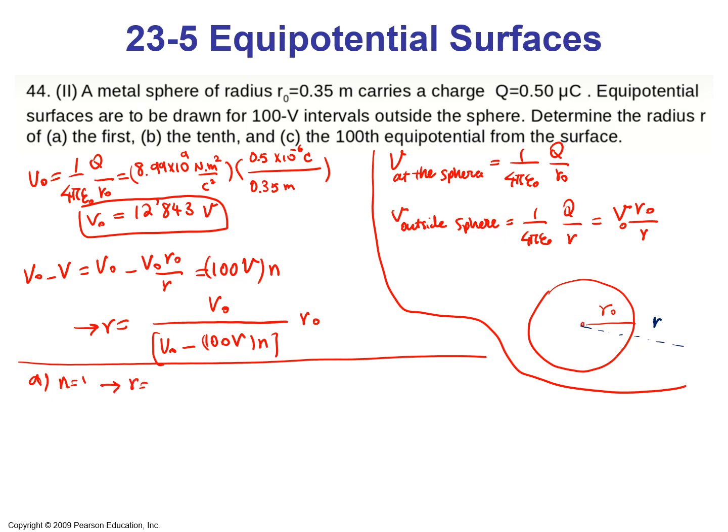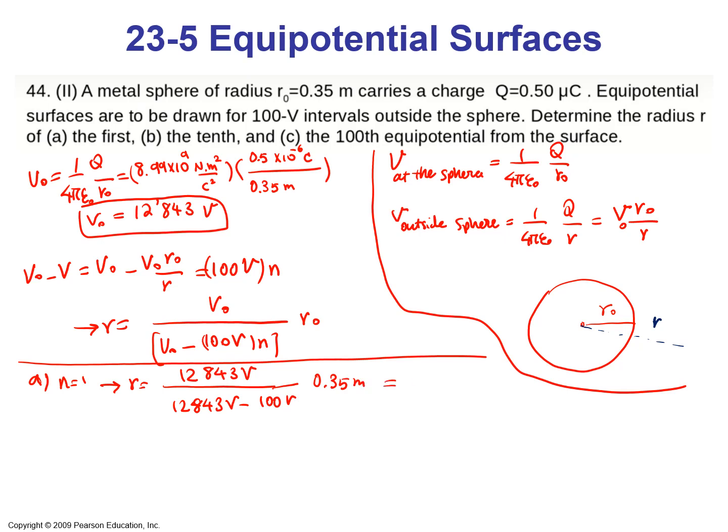For V naught, we have 12,843 volts divided by, the V naught is the same, 12,843 volts minus 100 volts multiplied by R naught, and R naught is 0.35 meter.